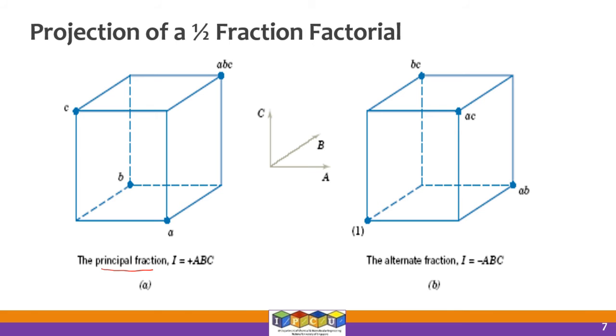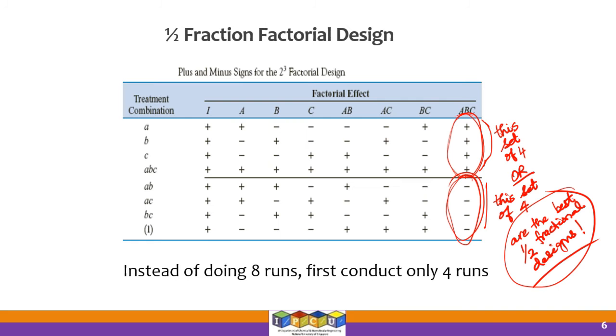We call these experiments where I is equal to plus ABC, or 1 is equal to plus ABC, the principal fraction. The principal fraction experiments are those with ABC equal to plus sign here. Those would correspond to labels A, B, C, and ABC. In this table, the first experiment is labeled A because A is kept at high and B and C are at low.